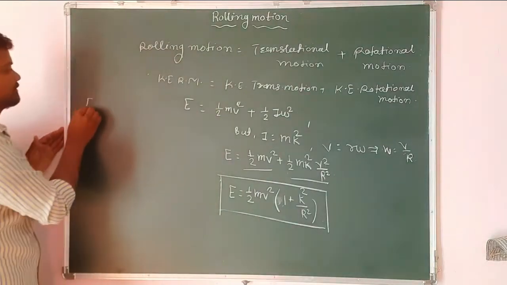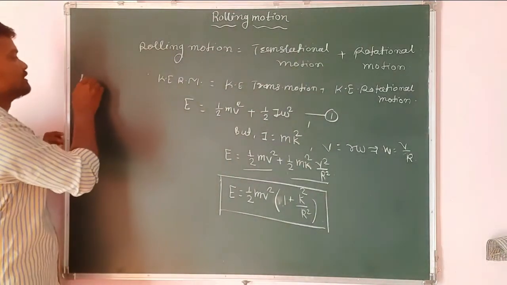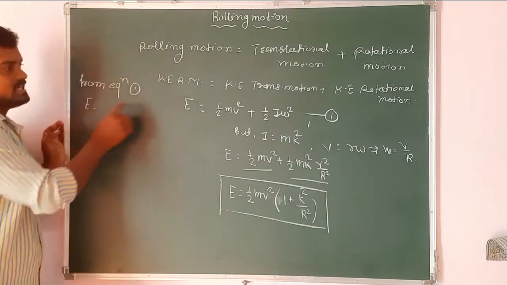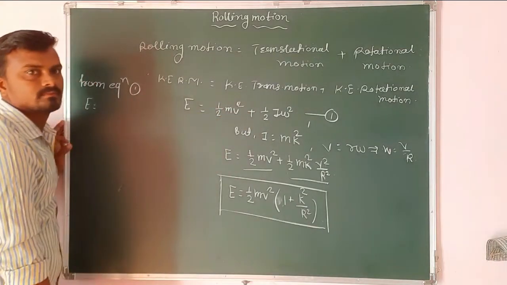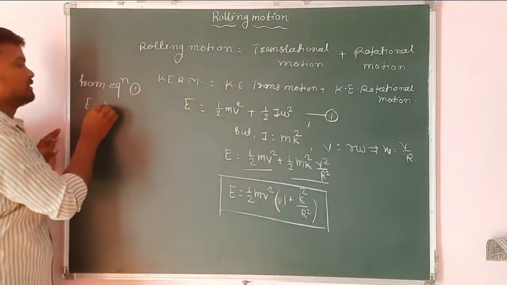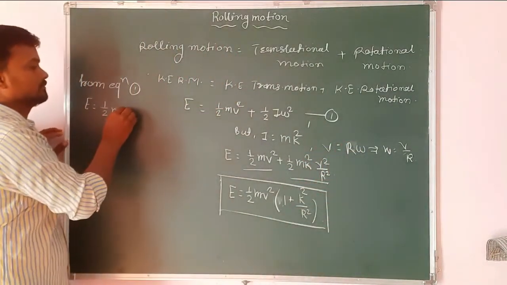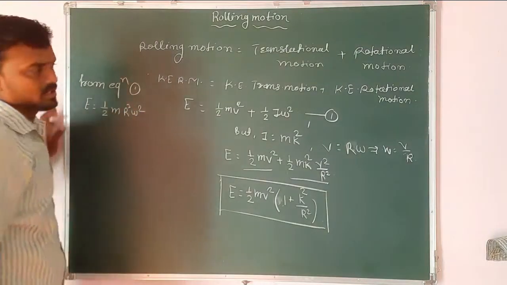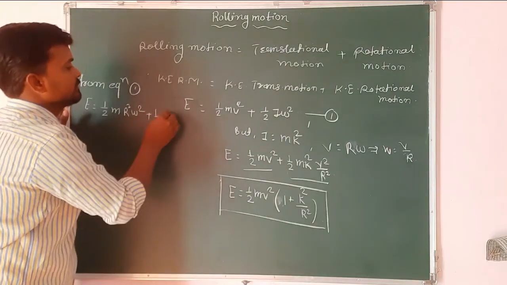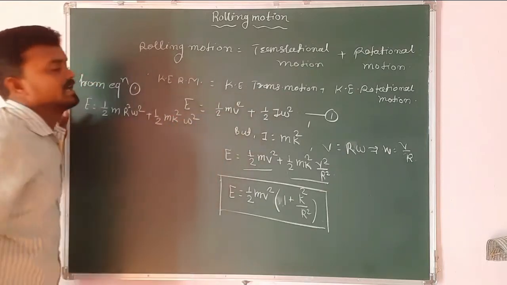From this equation, suppose here is equation number 1. From equation 1, E is equal to 1 by 2 m v square. In the place of v square, we have to put r omega square, so 1 by 2 m r square omega square, plus 1 by 2 in the place of I, m k square and omega square as it is.